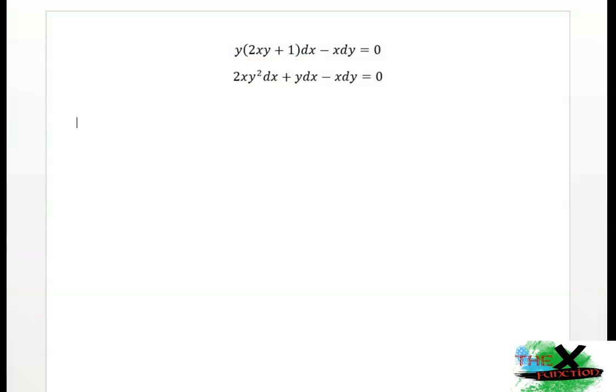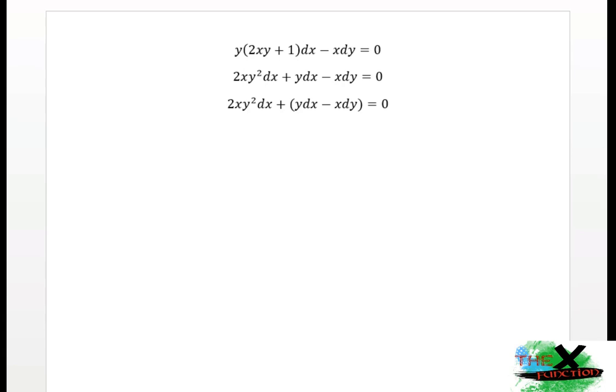So we have 2xy squared dx plus y dx minus x dy equals 0.